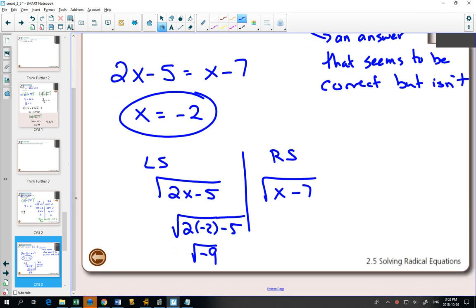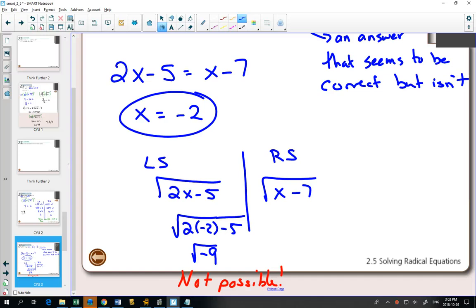What do you know about square root of negative 9? Can you do that? That's not possible. So even though we had an answer that seemed to be correct, it's not actually possible to take the square root of negative 9.